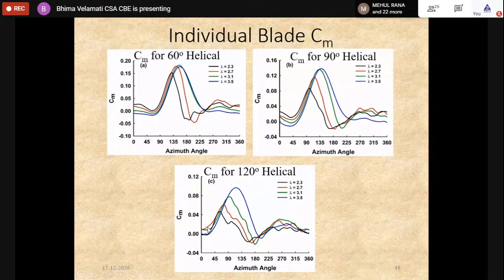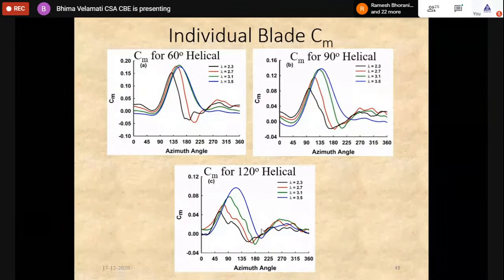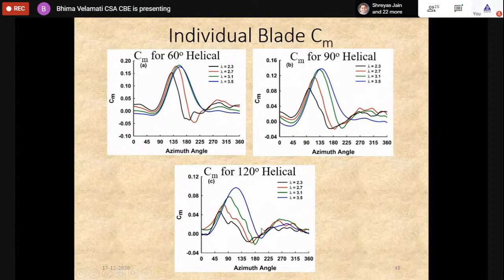Here it starts at 30 degree for the curve which is in blue, and ends close to 200. So for 120, the peak is very broad. The curve base is very broad. Why? Because the turbine is interacting with wind for a larger angle of rotation.